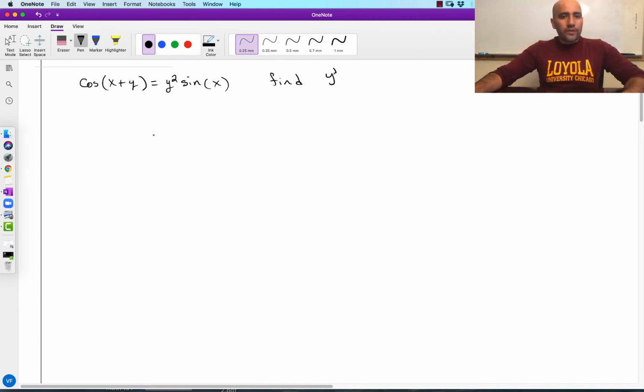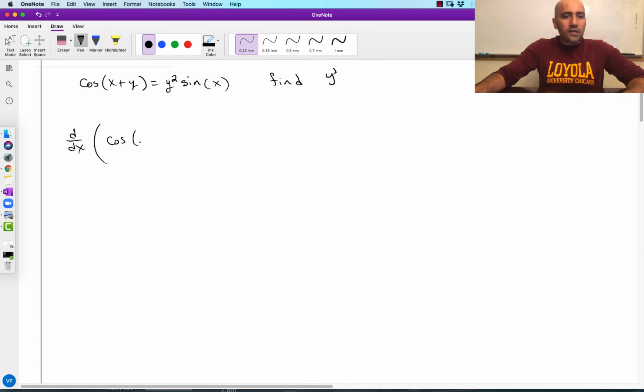All right, now let's work with this one. Say cosine of (x plus y) equals y squared times sine of x, find y prime. Okay, so we're going to take the derivative with respect to x, since they're asking us for y prime. So we're going to do d/dx of everything.